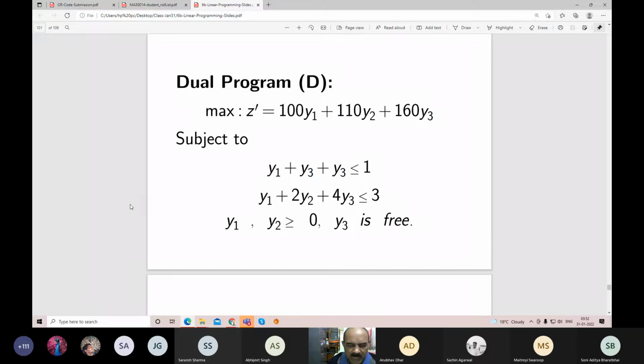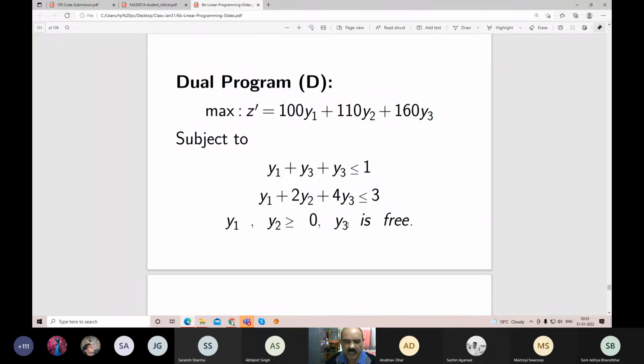Simplex method is applicable when y1, y2, y3 are all non-negative, but the third variable is free. Free means it can be 0, positive, or negative. Once it becomes negative, this will not give a basic feasible solution. It is a basic solution, but it cannot be basic feasible, because for linear programming, basic feasible means all variables have to be non-negative. So here is the trick.